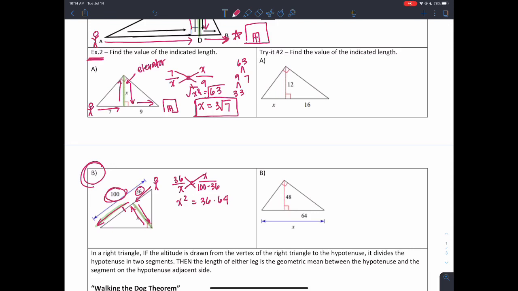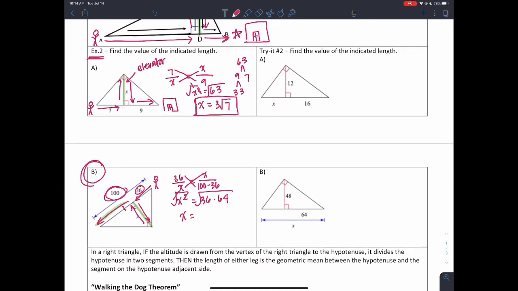Okay, now we want to square root. So on the left, the square root and the square cancel out, and we have x. And then we look at the right. And right now I don't want to multiply because it's easier to see how we could prime factor just with these numbers. So we could prime factor 36 into 6 times 6 and factor 64 into 8 times 8.